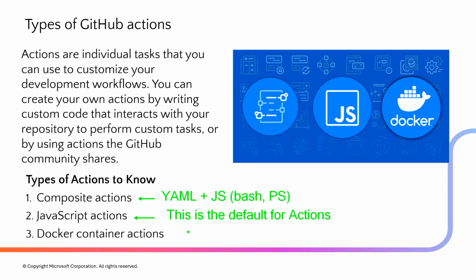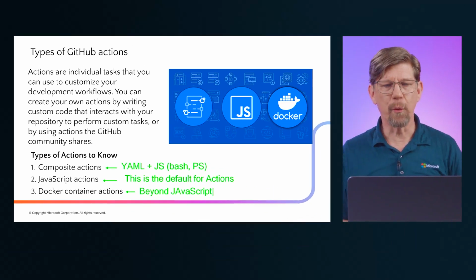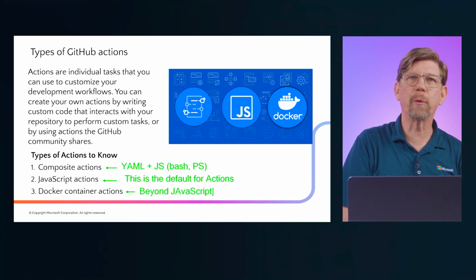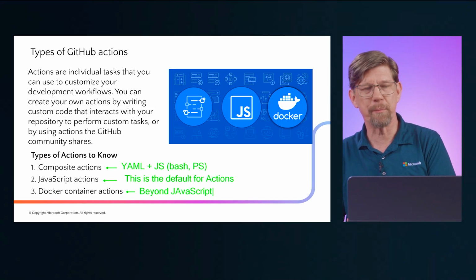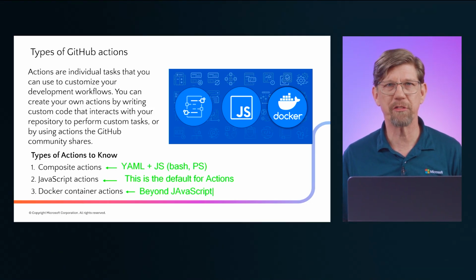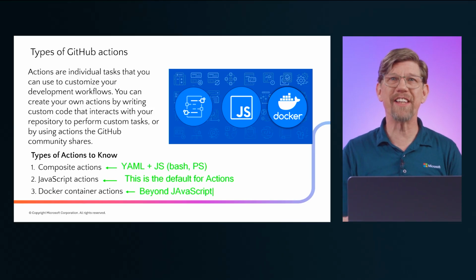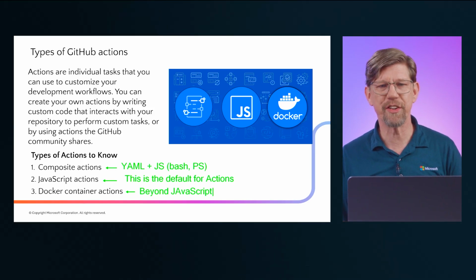But we need to also have that Python environment come along for the ride. So the way that we can do that is through Docker. When we're looking at Docker container actions, we're moving beyond just JavaScript and having multiple platforms. So we'll dive into a little bit of each of these three.